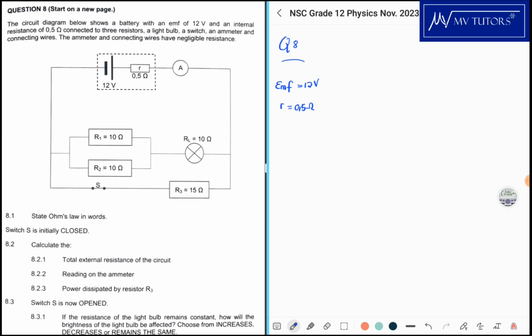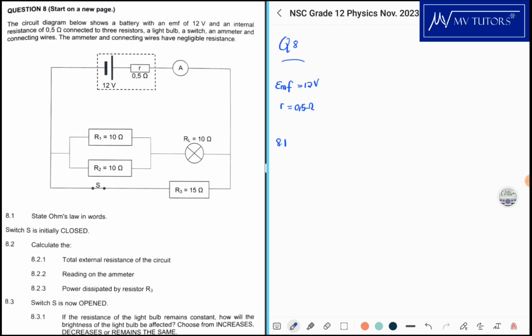Now 8.1 says, state Ohm's law in words. Ohm's law: the potential difference across a conductor is directly proportional to the current in the conductor at constant temperature. It's quite important for you to state that it's at constant temperature.